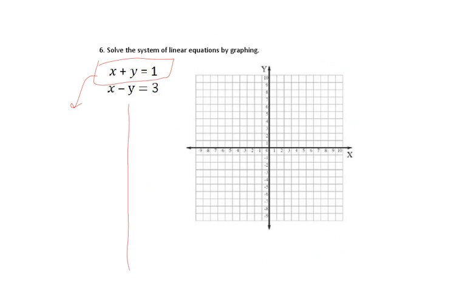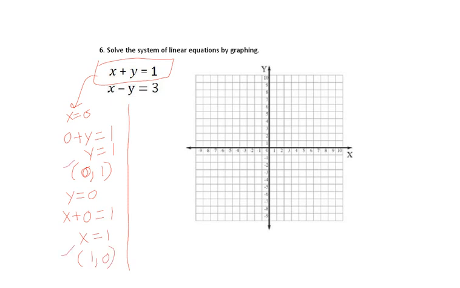So if you have x equals 0, that means you're going to have 0 plus y equals 1, which means y is 1. So your first point is 0, 1. If you were to then do y equals 0, you would get x plus 0 equals 1, which means x equals 1. So you have a point at 1, 0.